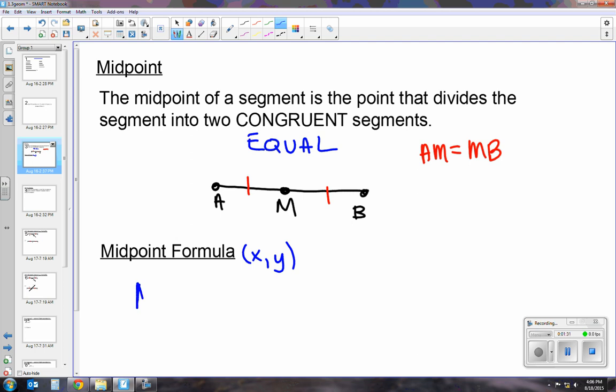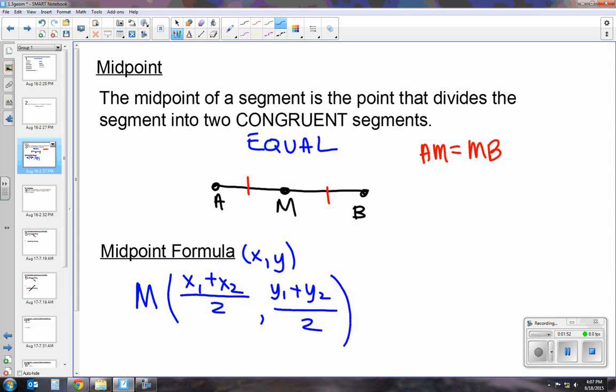So this formula, we use a big letter M to signify midpoint. We're going to add up the x's, x sub 1 plus x sub 2 over 2, comma, and then we're going to add up the y's and divide by 2. Y sub 1 plus y sub 2 over 2. So this is one of the formulas we're going to be using later in this lecture.